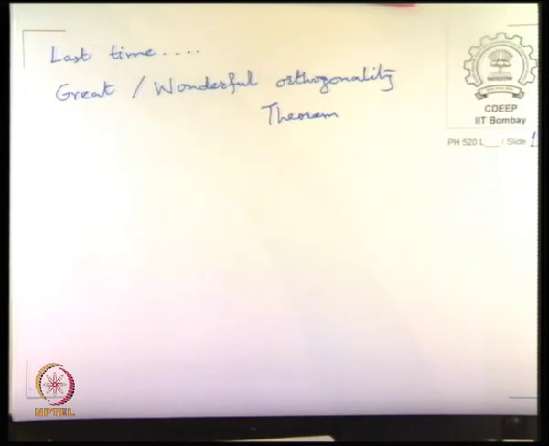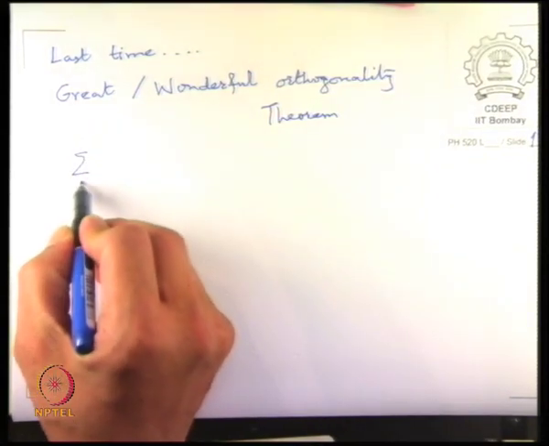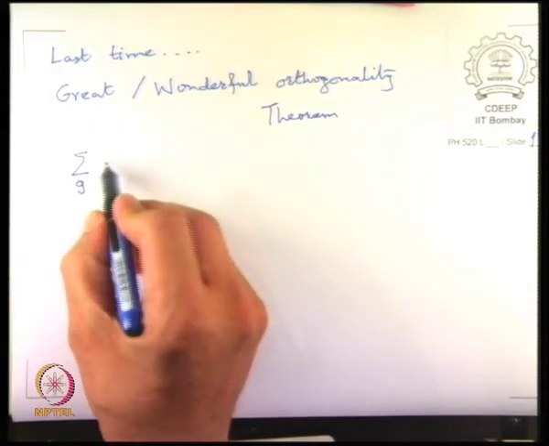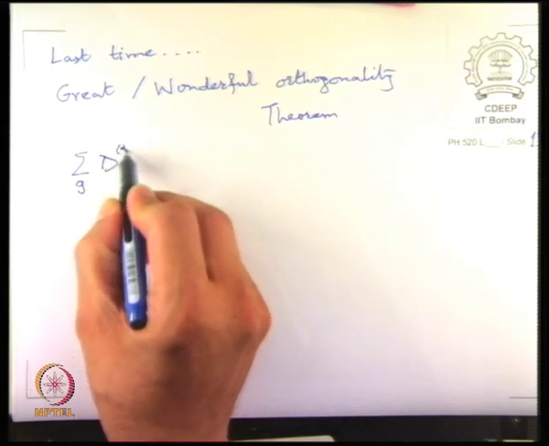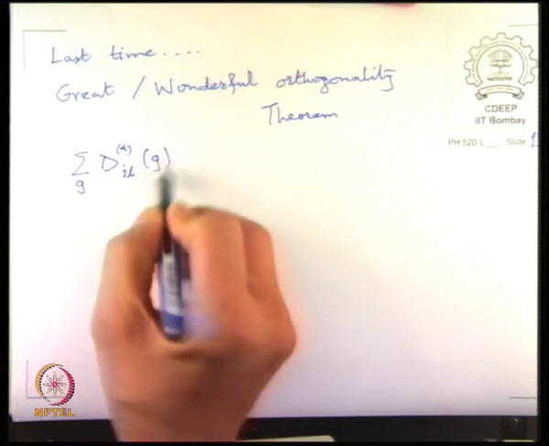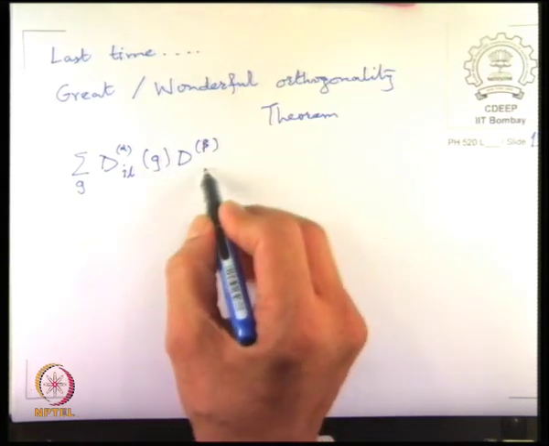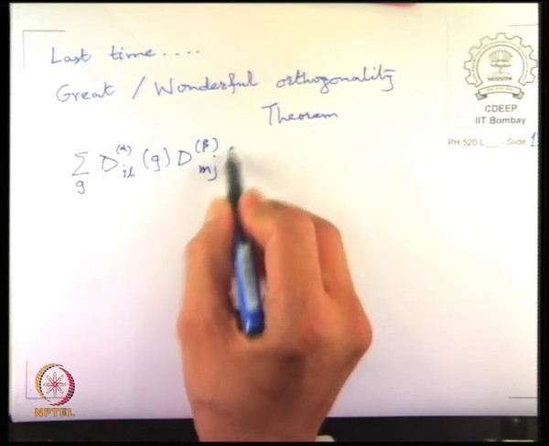So it says, sum over all group elements G of D alpha IL of G, D beta Mj of G inverse.